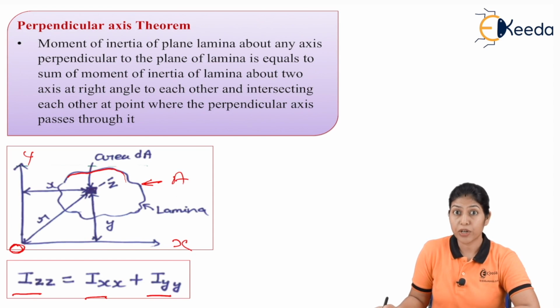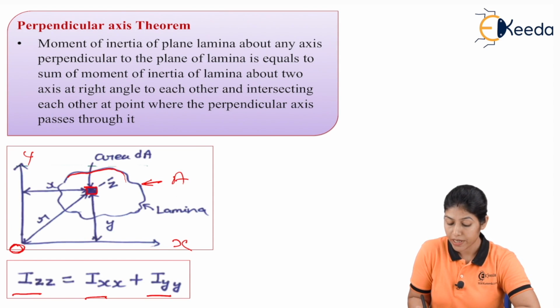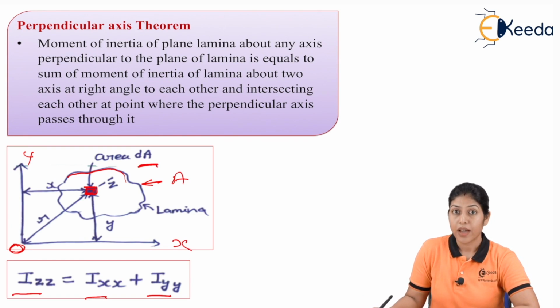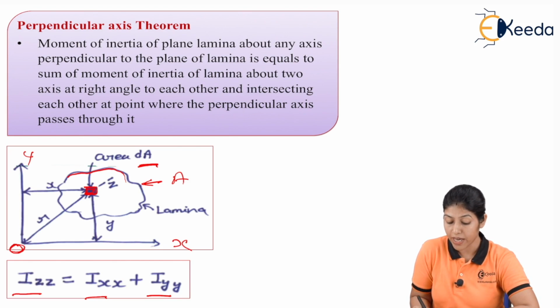In this particular lamina, we are considering a small elemental component with area dA. The distance of this small elemental component from the OX axis we are taking as y, and from the OY axis the distance we are taking as x.